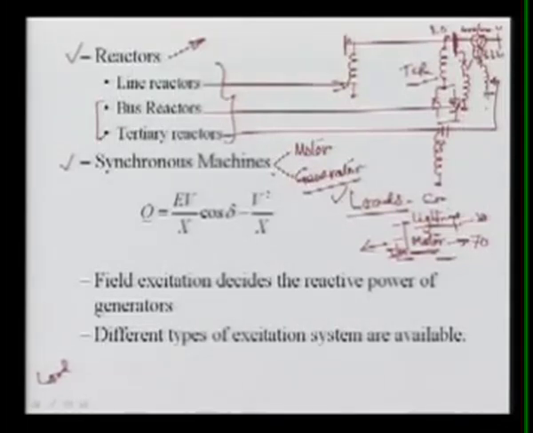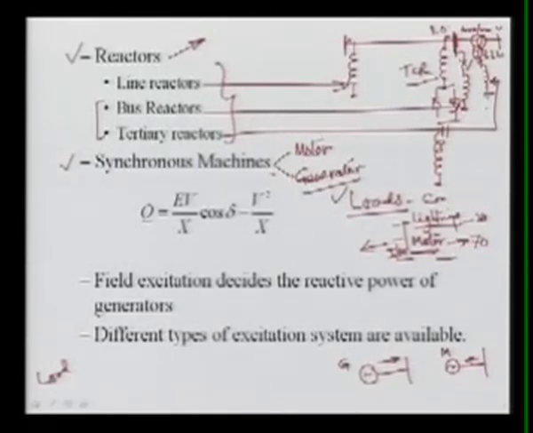So in the machines, now this is your machine, connected with the system. If the power goes to the system, it is called a generator. If this is your synchronous machine and the power is coming from the system, you can say it is a motor.